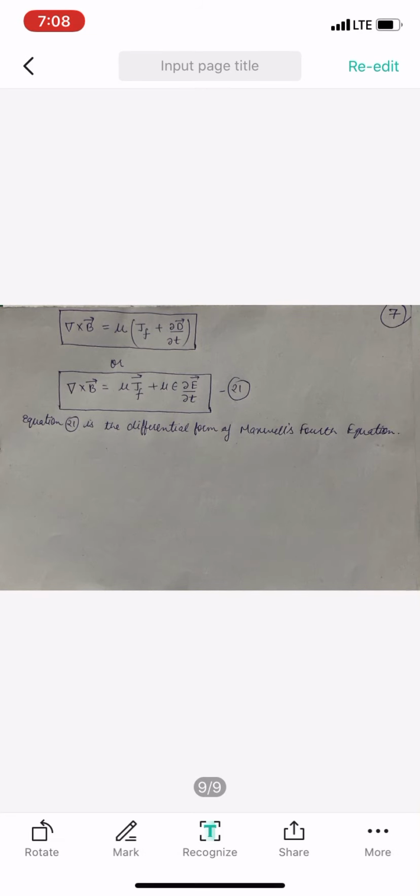The first equation is based on Gauss law of electric field. The second equation is based on Gauss law for magnetic field. The third equation is based upon Faraday's law, and the fourth equation is based upon Ampere's law. So you have to learn all these four equations.